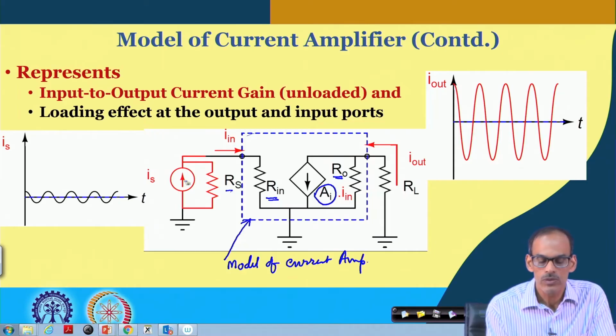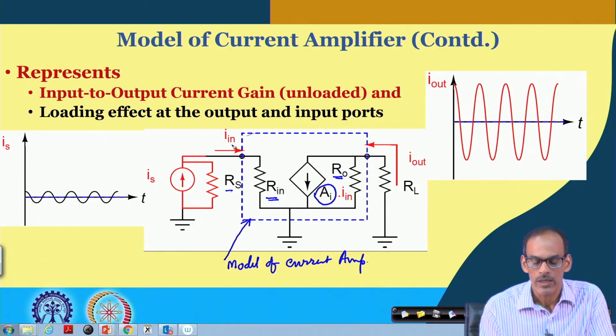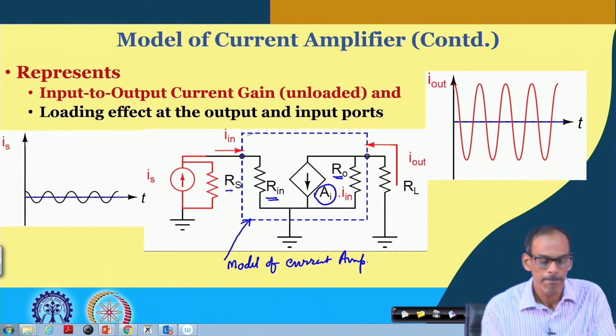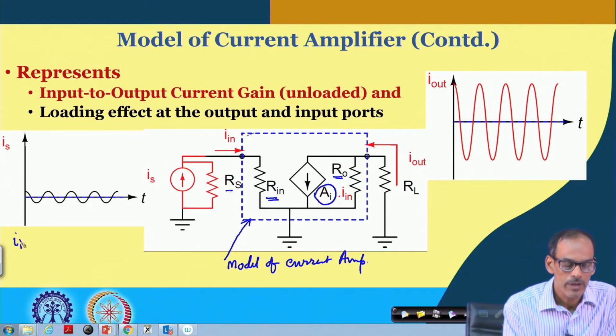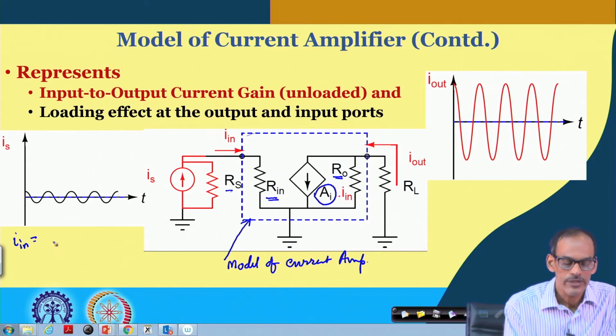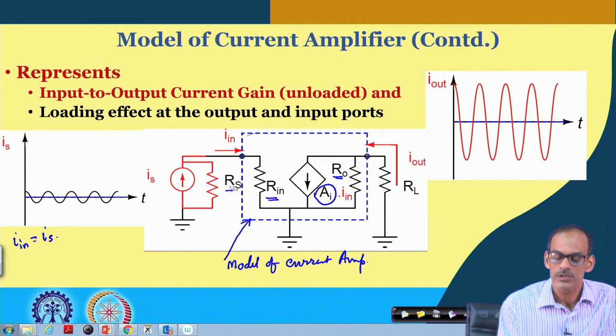If you look at the input port, I_in equals whatever I_s we have multiplied by the parallel resistance, which develops the voltage, divided by R_in to give the current.